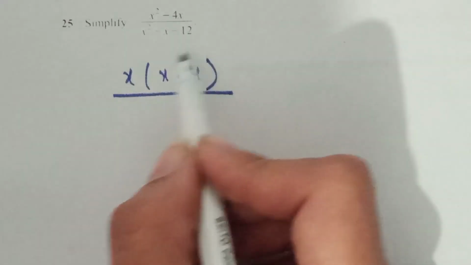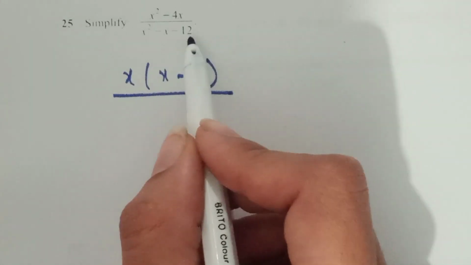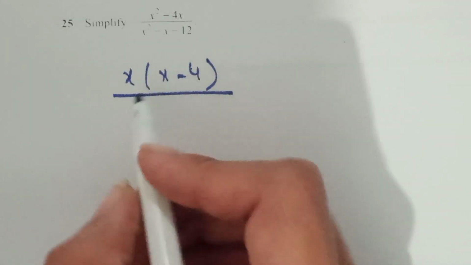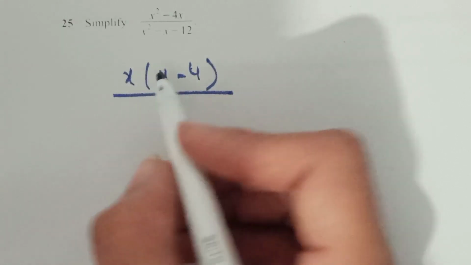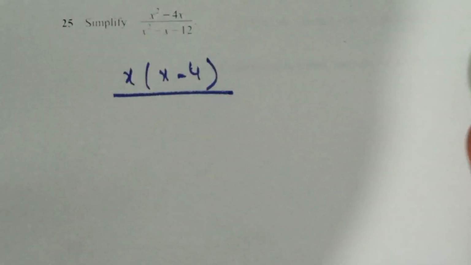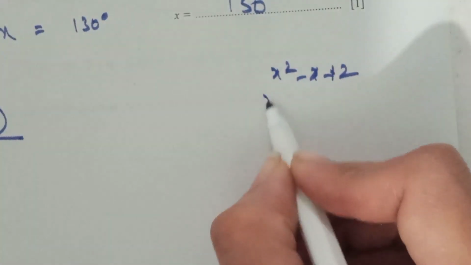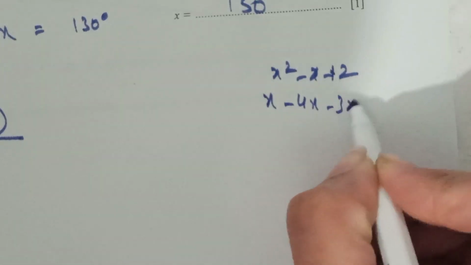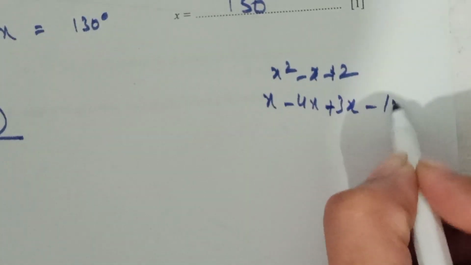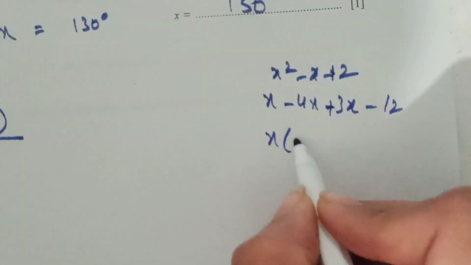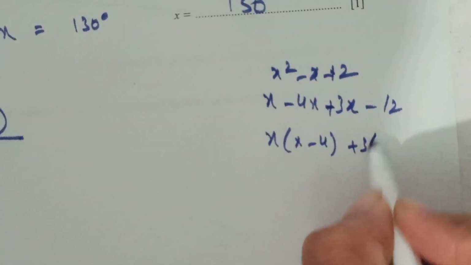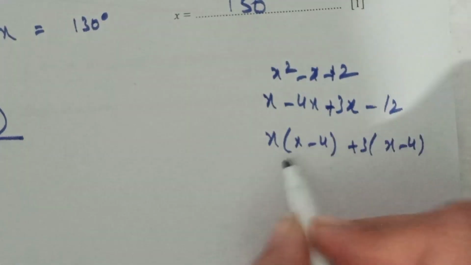Now next, we have to factorize it, and that is x square minus x minus 12, and 12 is 4x minus 4x plus 3x minus 12. By taking the common, x minus 4 plus 3 into x minus 4.